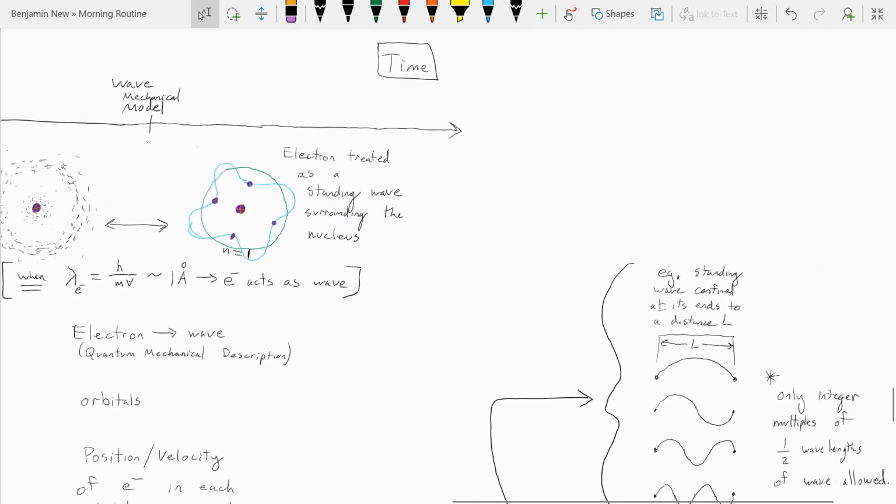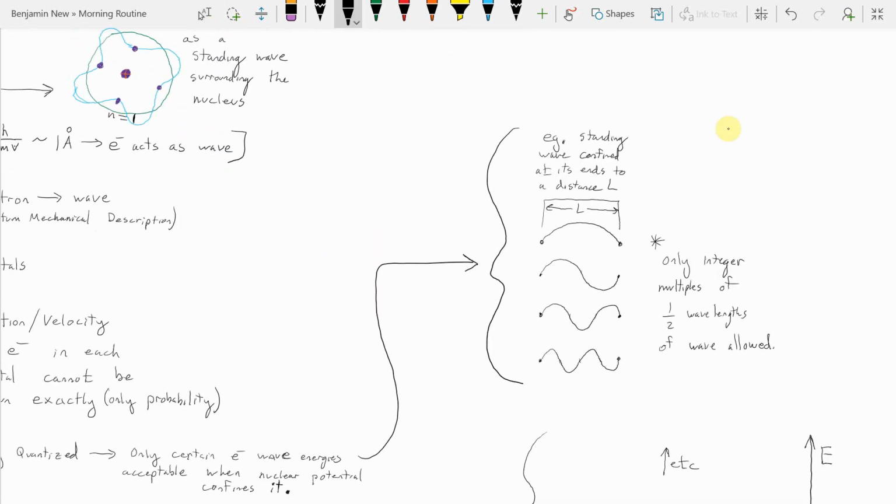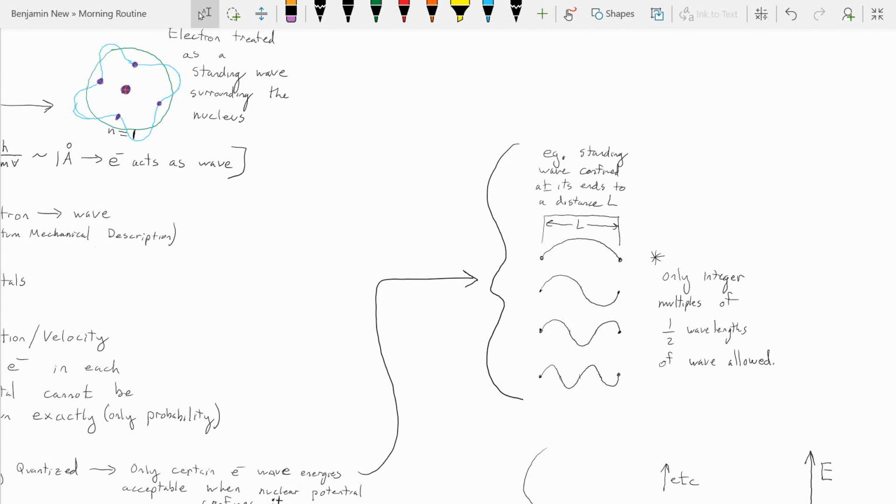It may be better to talk about this over here. If you confine an electron to a certain total length at which the endpoints are pinned, like going around the entire circle once, then you have only specific choices for the way the wave can vibrate, or the number of wavelengths you can have over that length.